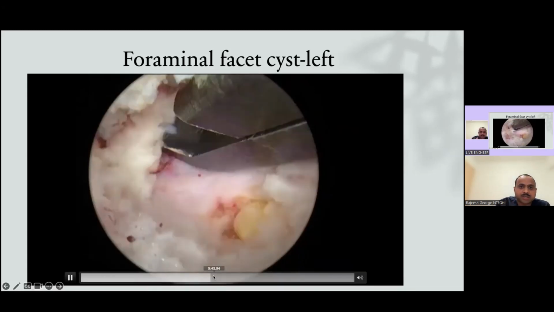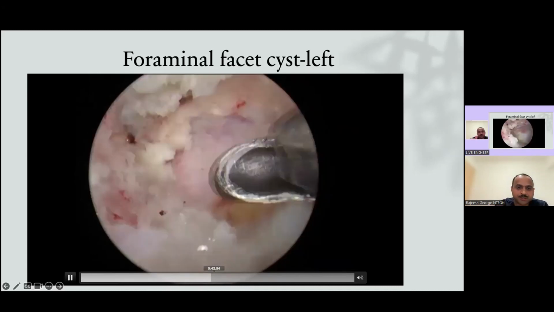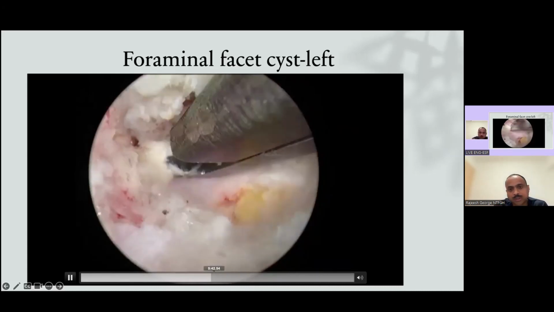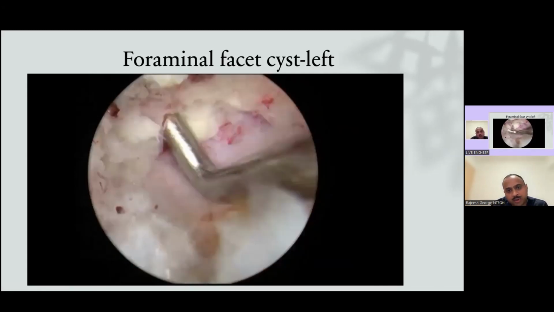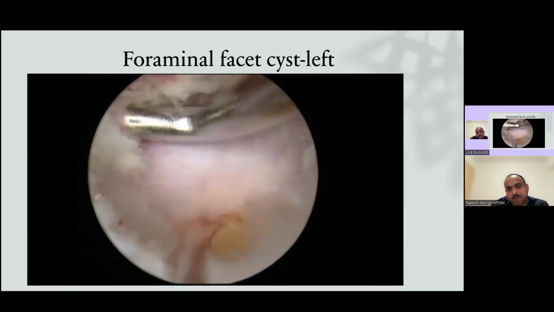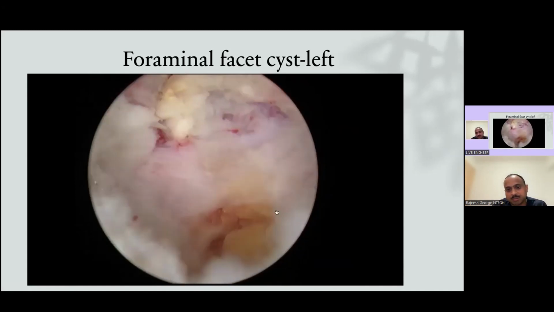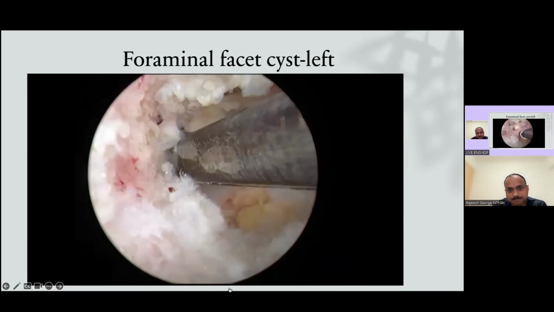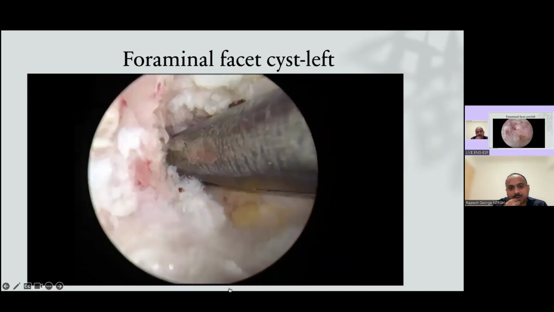So the next step, as I told you, is to clear all around the facet, so you create space and identify the structures. You can use a combination of your dissectors, create a plane and use a nerve hook. Once you create a plane, then you can bring in your Harrison branches and clear. Always a safe technique to use your dissectors first and then bring in your bigger instruments.